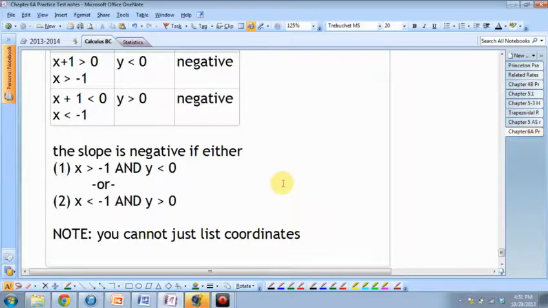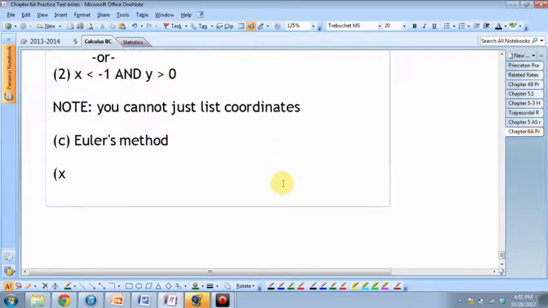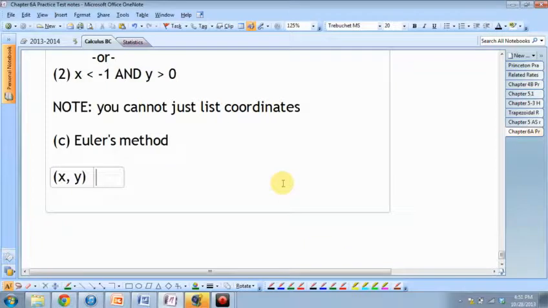See? Euler's method. Let's get our table going. We have x and y. What's next? Delta x.